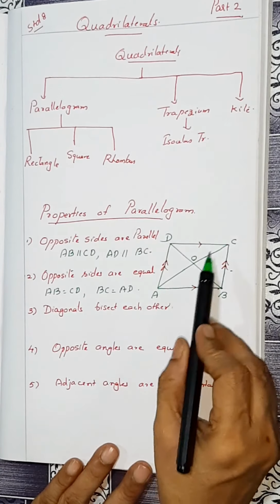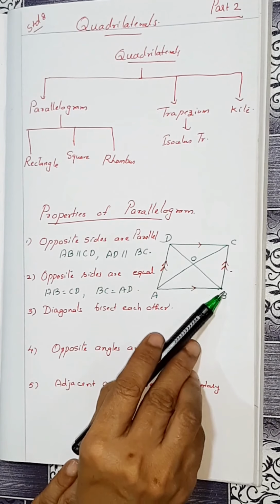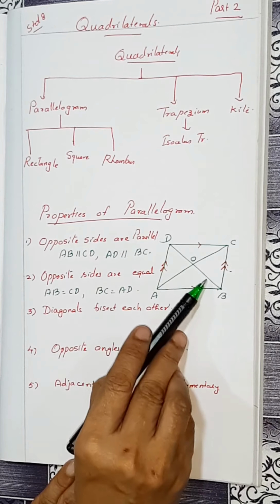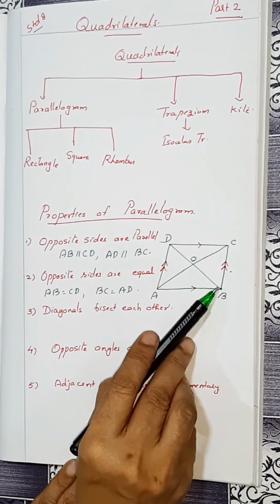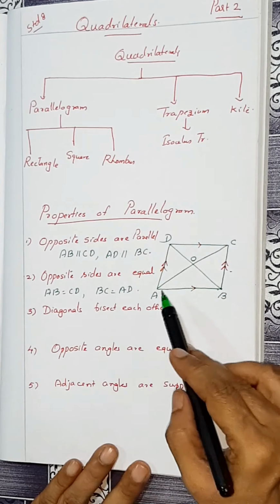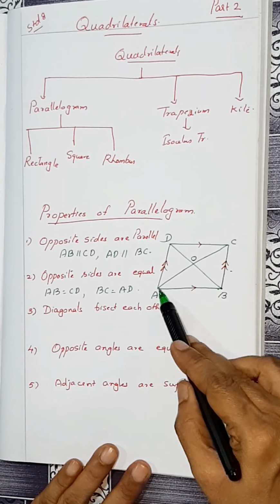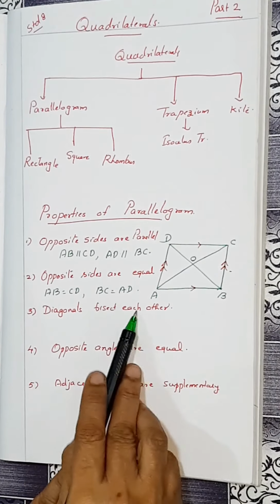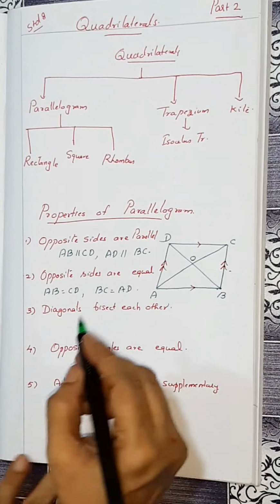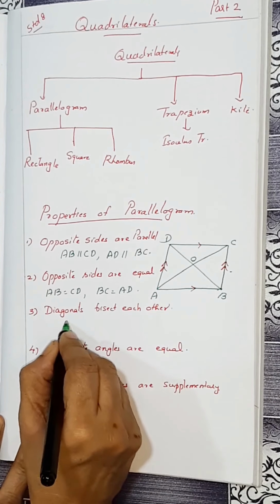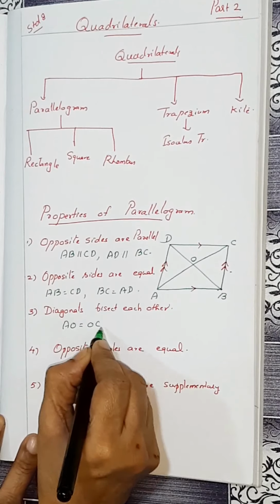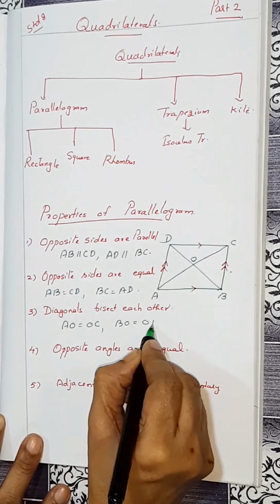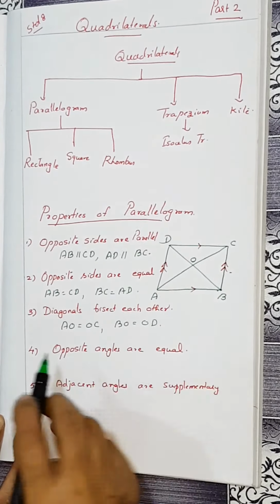So diagonal BD will bisect AC, and this diagonal AC will bisect BD. So AO will be equal to OC and BO is equal to OD. So diagonals bisect each other.